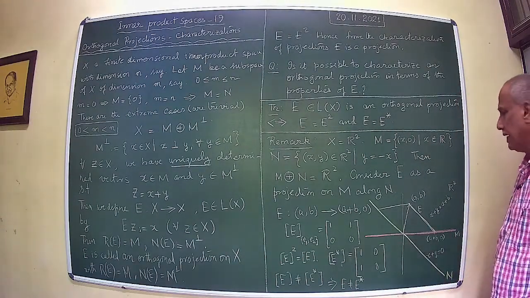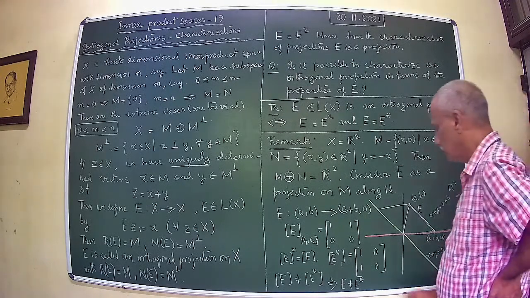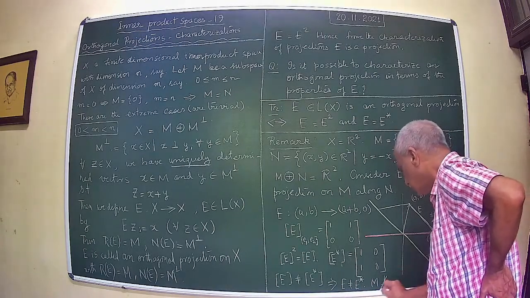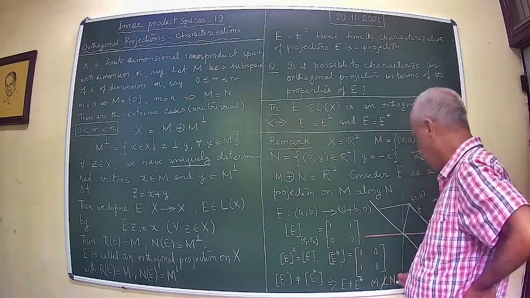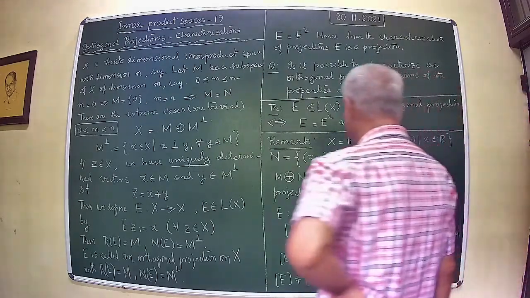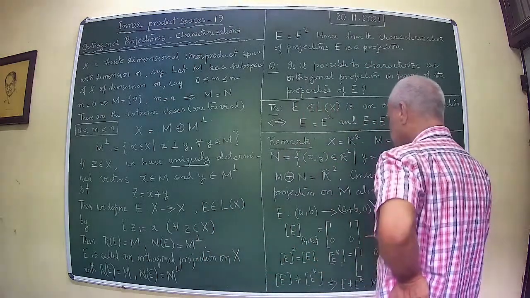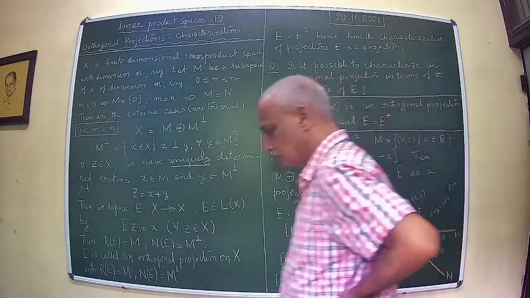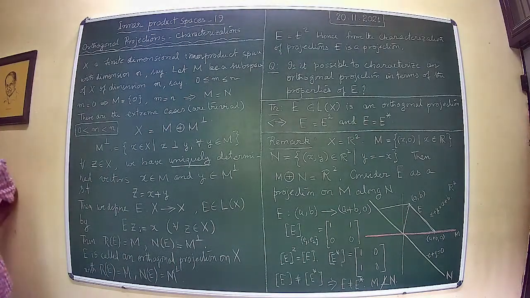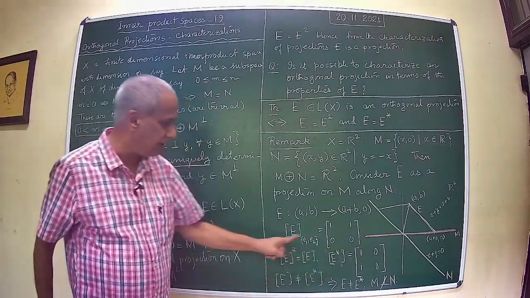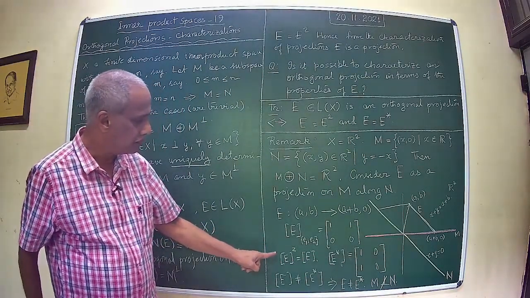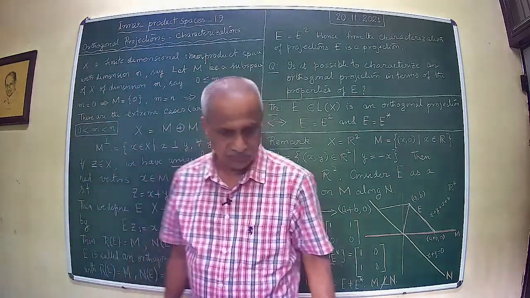But what you have is that M is not orthogonal to N. That's the example. Okay. Right. So this example is a pointer to the fact that if this is so, then the adjoint cannot be equal to the original operator.